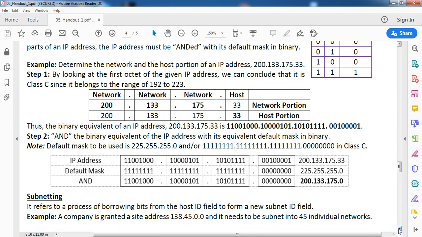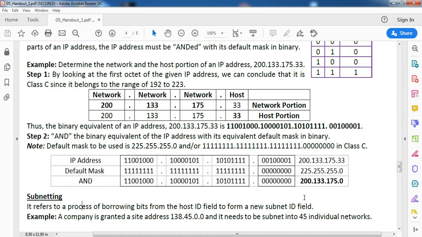As mentioned here in your handout, subnetting is the process of borrowing bits from the host ID field to a new subnet ID field. So what that means is that from the network ID and the host ID, we now get a third ID, which is the subnet ID.